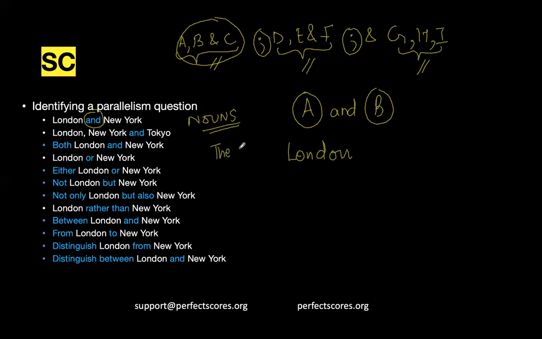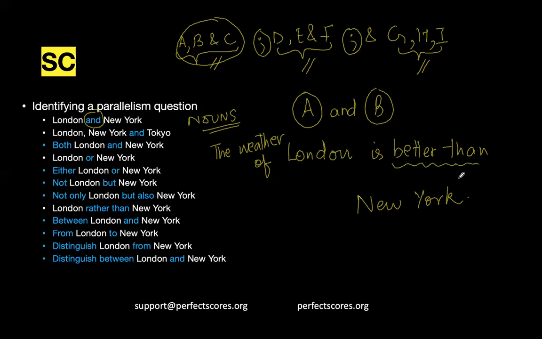Okay. So this is actually a comparison sentence, but it still uses parallelism. The weather of London is better than New York. Now, this is a comparison question because you have better than, but it also uses parallelism because what you're trying to compare is you're comparing the weather of London.